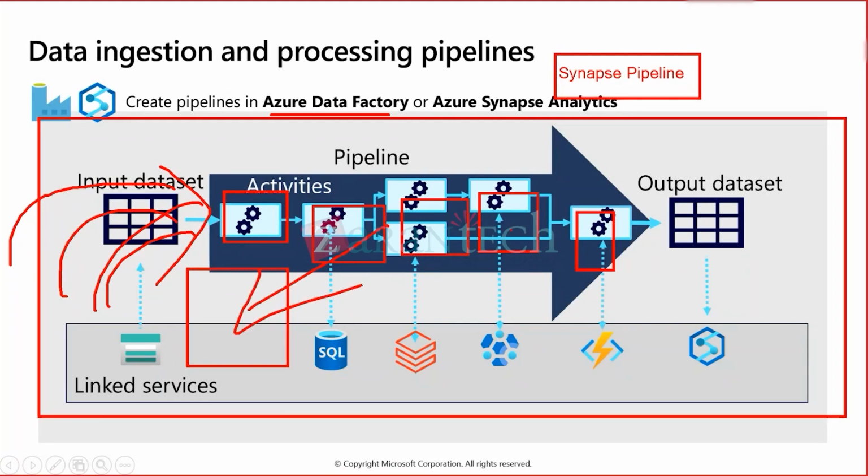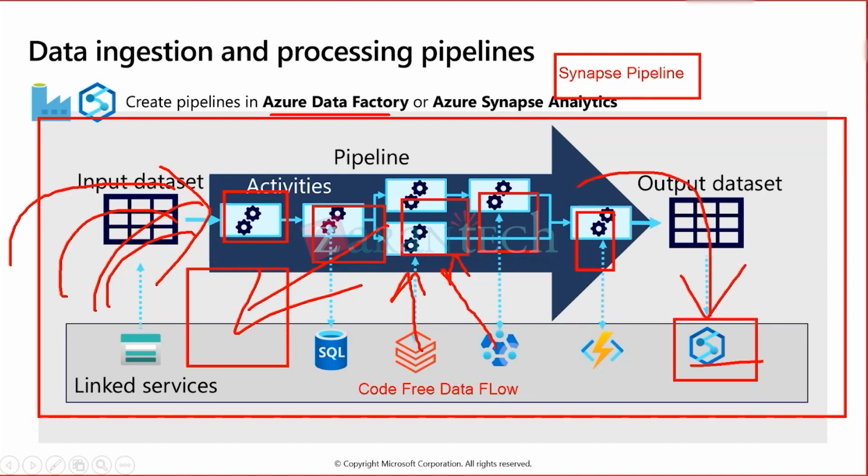Let's say you invoke an on-demand HDInsight cluster to transform your data, or you use Azure Databricks by dispatching the third-party compute activity, or you can use code-free data flow, which is code-free transformation, which is there in Synapse pipelines. And then this is your sink data store. It can be your dedicated SQL pool or your data warehouse.